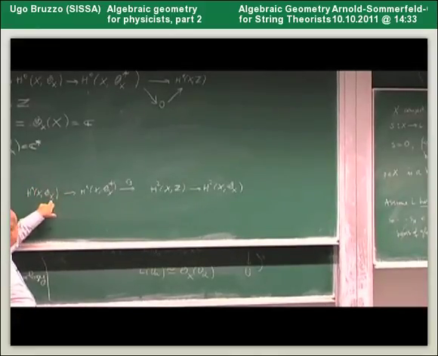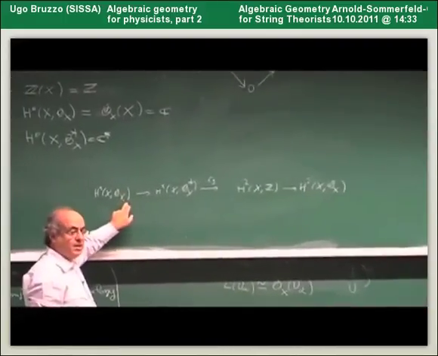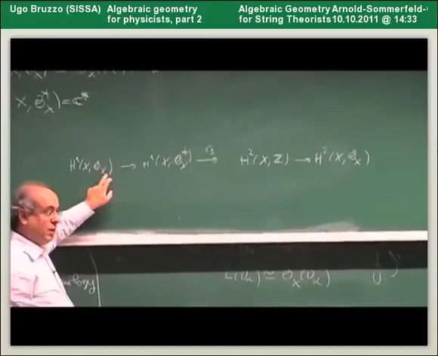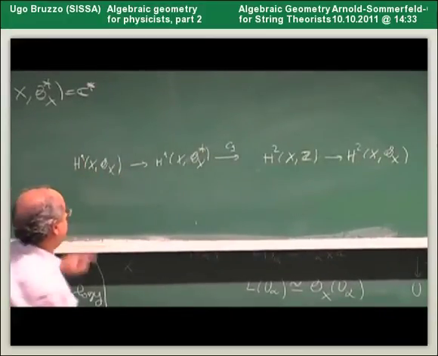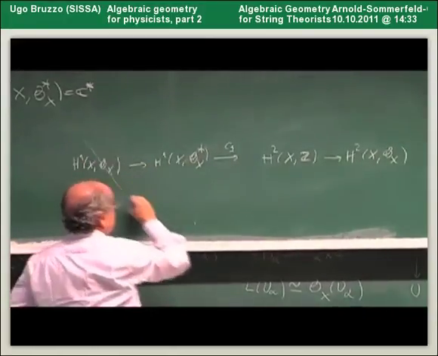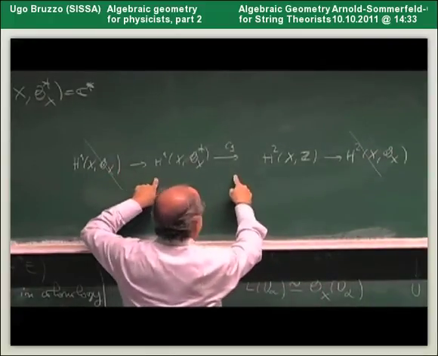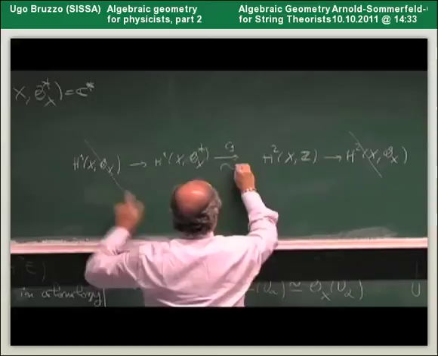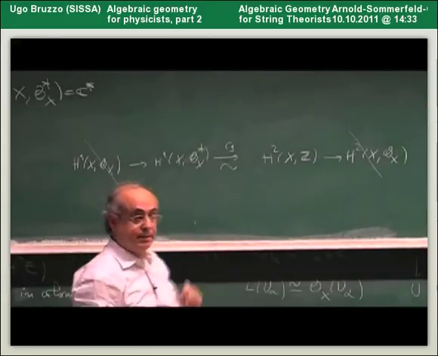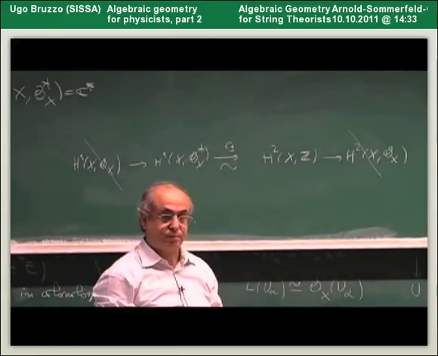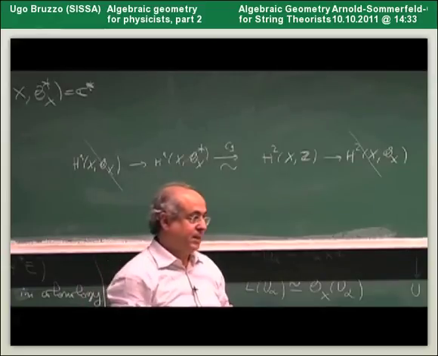Basically because both continuous functions on a paracompact topological space and C-infinity functions on a differentiable manifold admit partitions of unity. And that kills the cohomology in positive degree, in particular degree 1 and 2. And therefore, in that case, these are not here. And then, if you think what an exact sequence is, when you have 0 here and here, it means that this is an isomorphism. So the answer is yes.